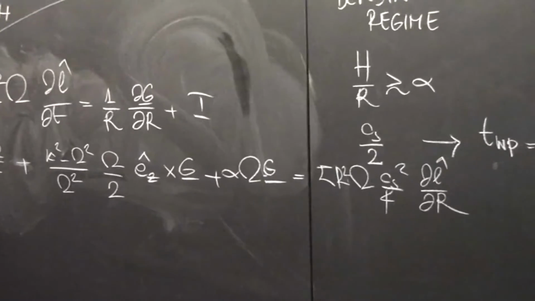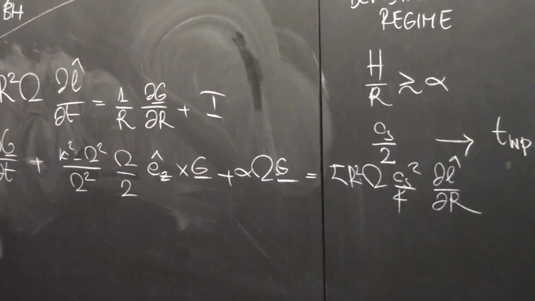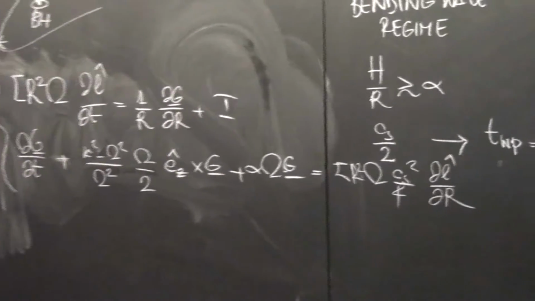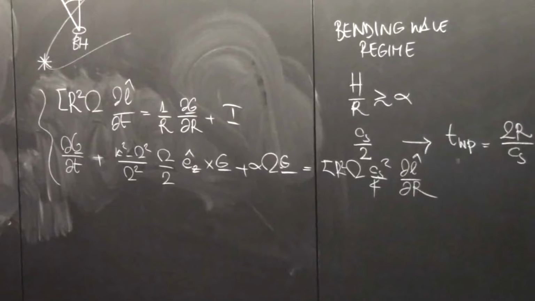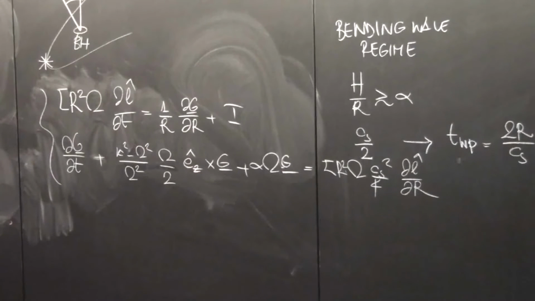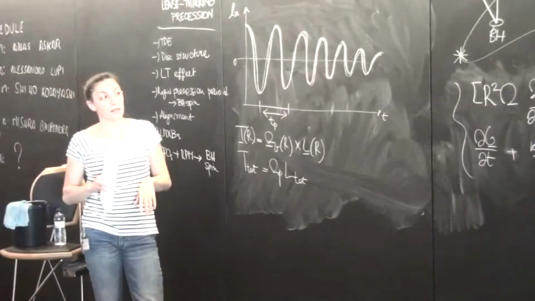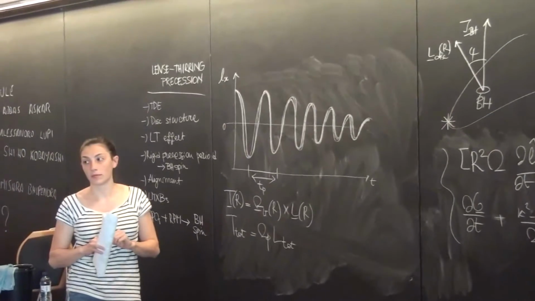So these are the linearized equations that are valid just for small warps. So basically the code solves this kind of equation both in time and space domain. And then what you get is the angular momentum as a function of time.